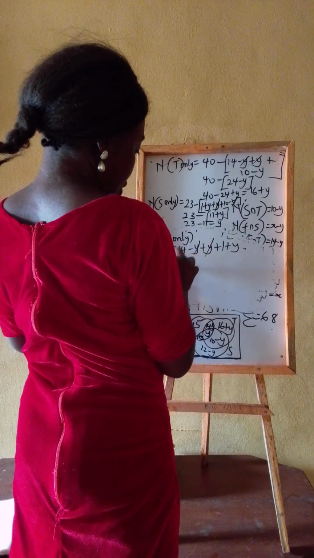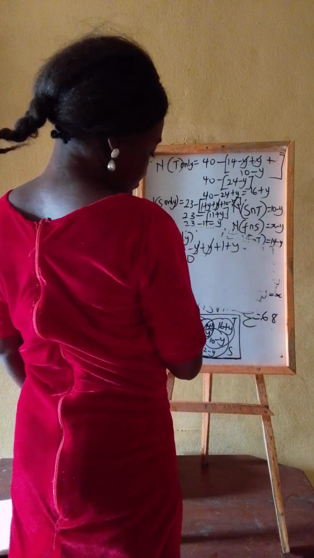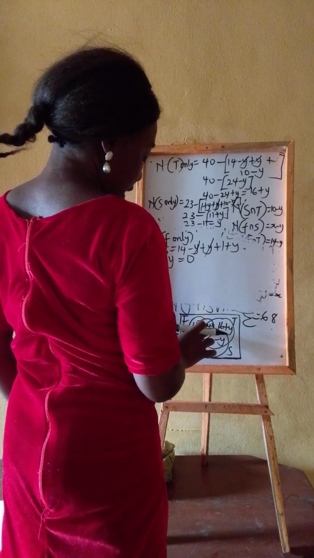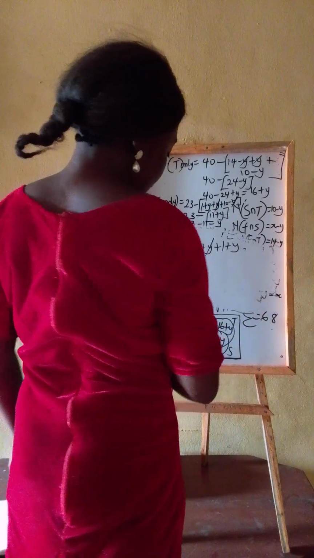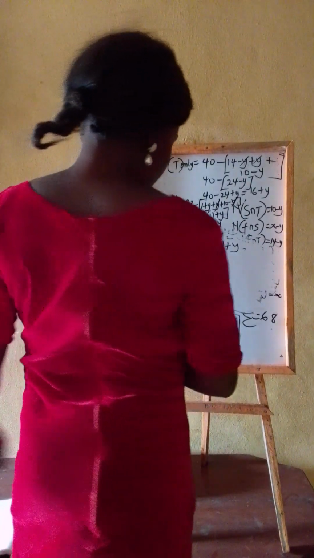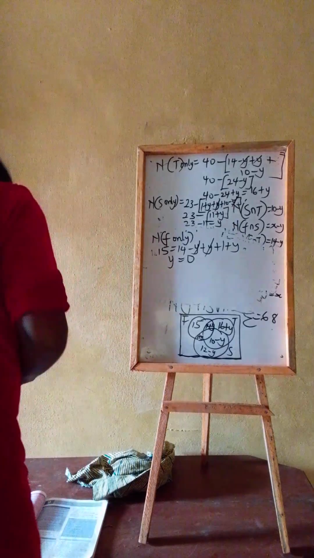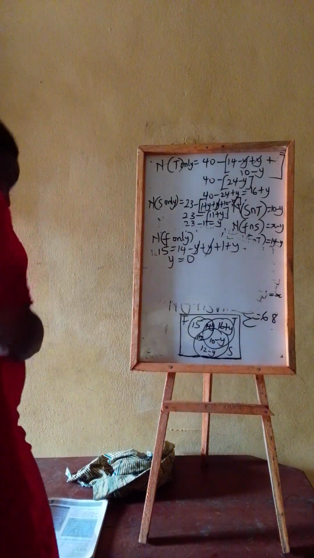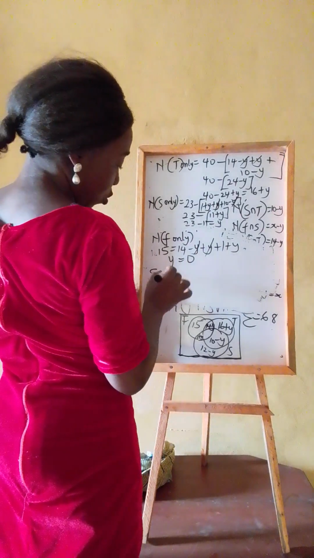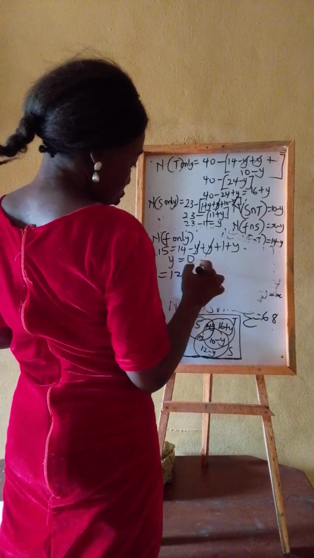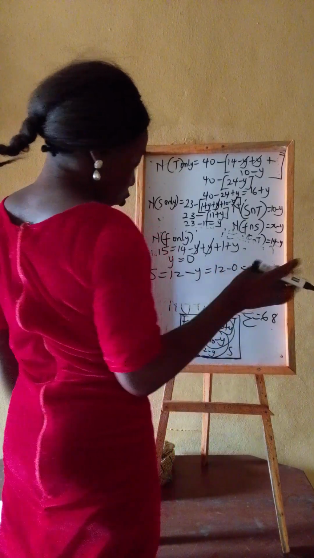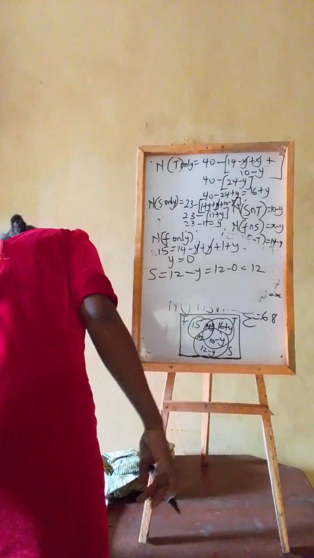So it means our y is 0. Since we don't have the one that intersects, it means our y is 0. Nothing. So for swimming only, our x equals 12 minus y, and that's 12 minus 0, which is what? 12 only. We have 12 only.